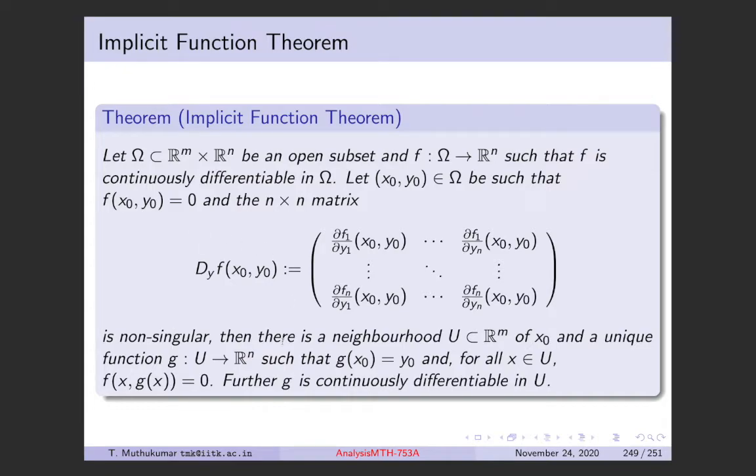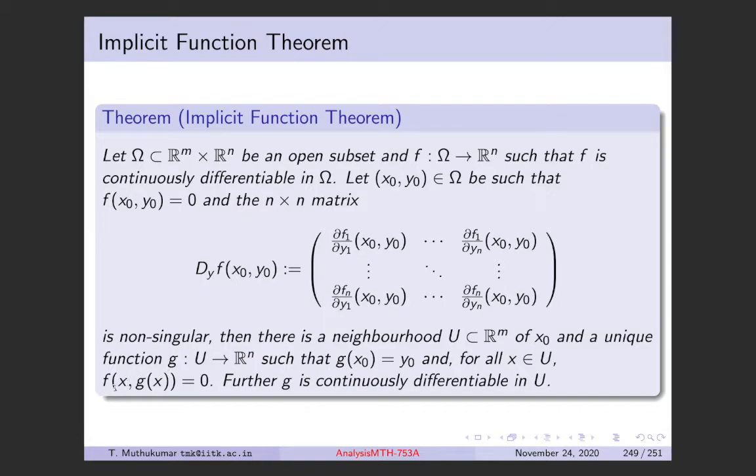If this happens, then there is a neighborhood u of x naught in Rm, and there is a function g on that neighborhood u mapping to Rn such that g of x naught is y naught. What this is saying is that y can be expressed as a function of x. You can find a function g to Rn such that the second variable can be written as a function of the first variable, for all elements in the neighborhood that you found.